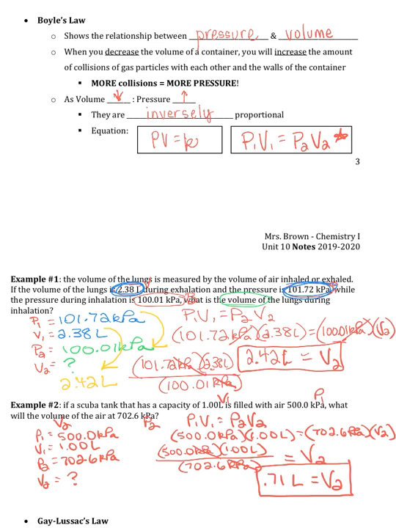So it went up, so that means I probably did it correctly. In example number 2, pressure went up. So if they're inversely related, then V should go down. Did it go down? Yes. So that means I probably did it correctly. So there's Boyle's Law. Come back and we will do Gay-Lussac's Law.